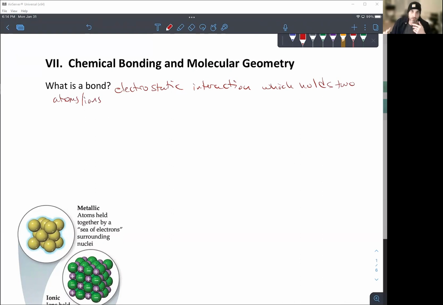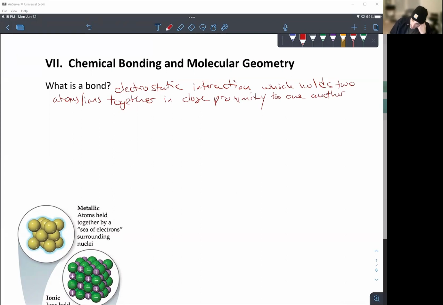Whether they're charged or they're uncharged, or they're going to be atoms or not, but it holds nuclei together in close proximity to one another. And that distance is a conversation we're going to have, how close they are, how close in proximity to one another.